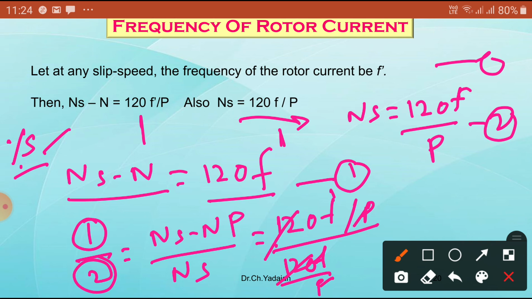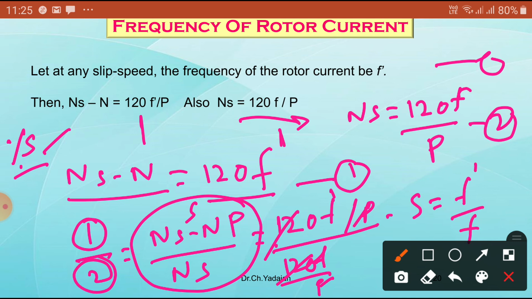So S is equal to F dash by F. So here F is the normal frequency and this is F dash.